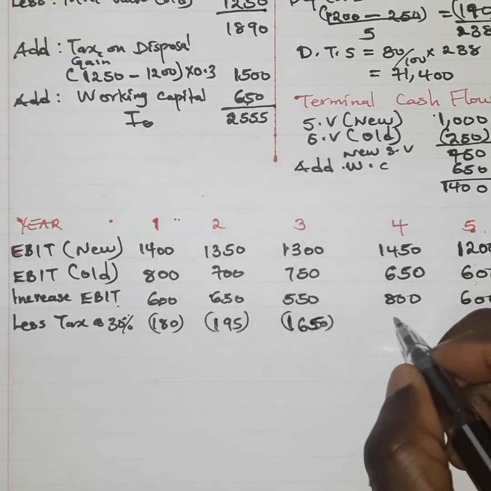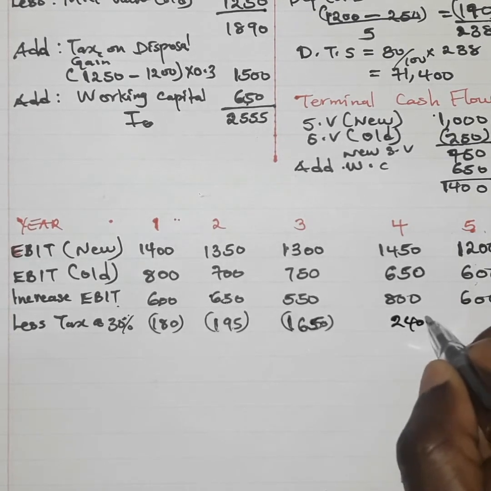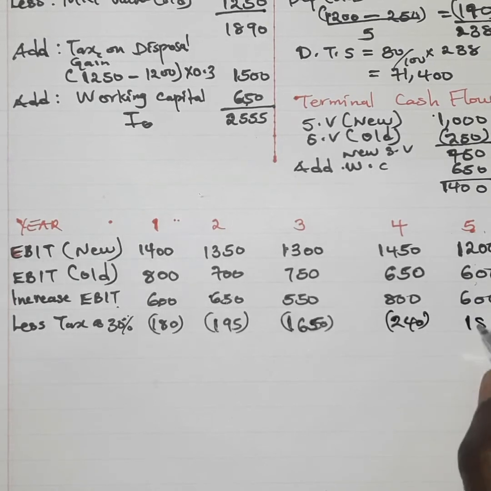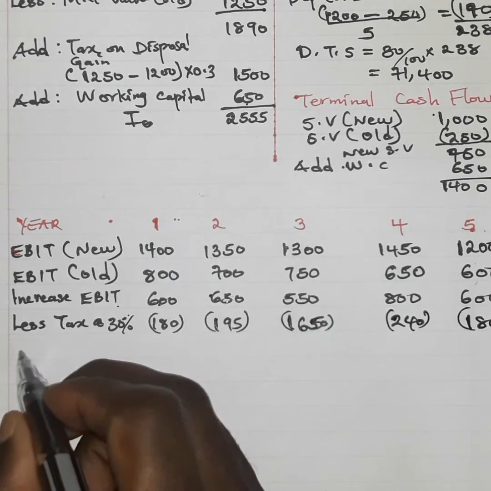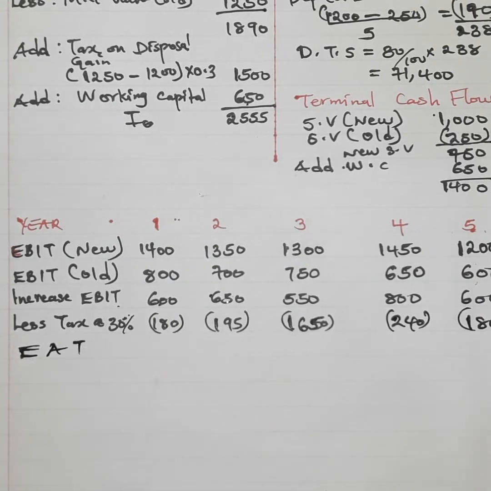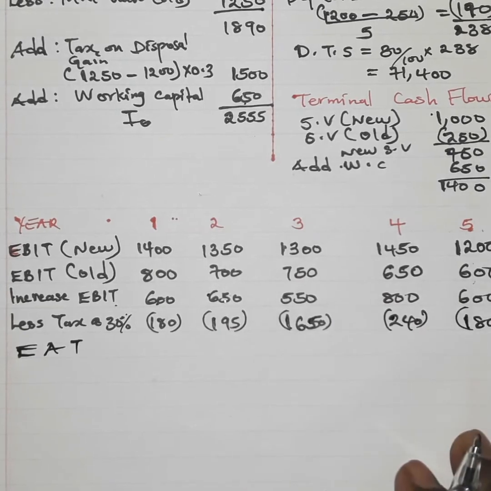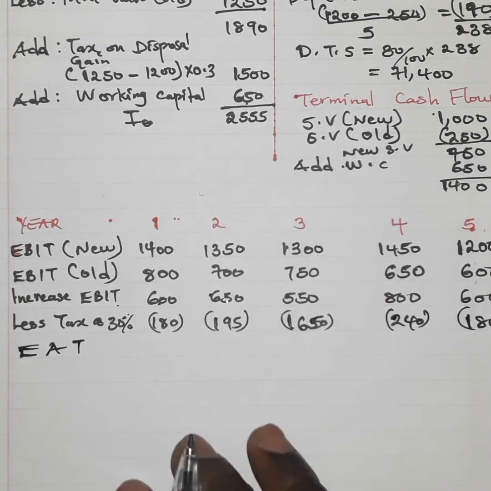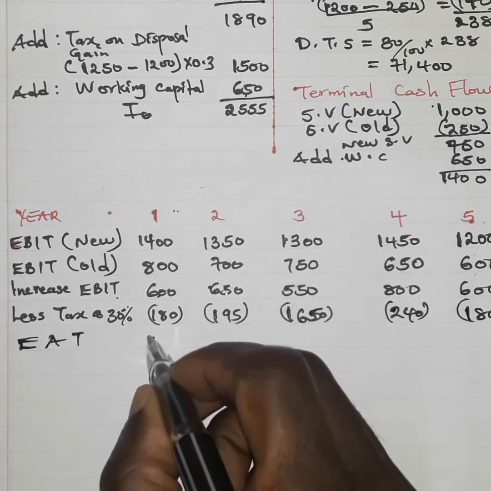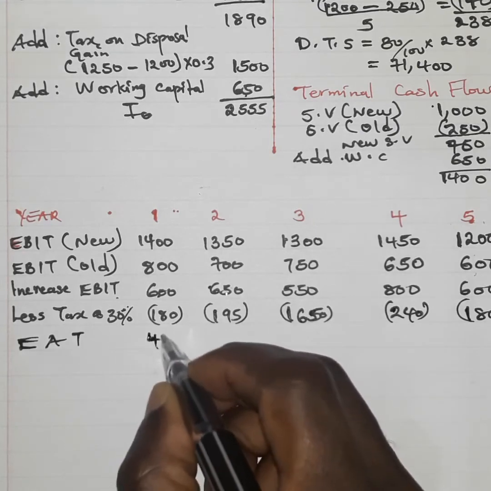Then 30% of this one again is supposed to be 40,000. 30% of this one is supposed to be 180,000. After that, we have what is known as earnings after tax. We have now charged the tax, and in this case we have the earnings as 420.